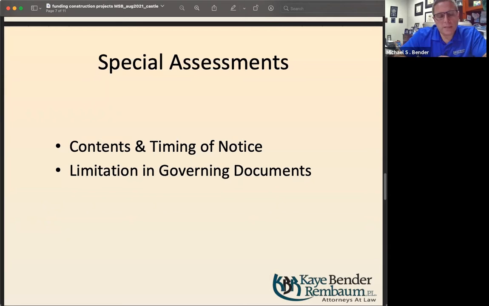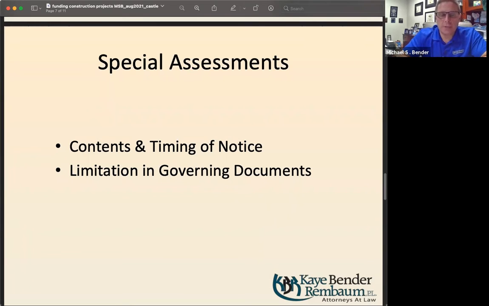When I refer to a limitation in governing documents, what that refers to is some of you may have language in your documents which says that the board cannot adopt a special assessment of a certain dollar threshold without approval of a certain percentage of the members. Whether you have to follow that requirement will depend on the purpose of the special assessment.